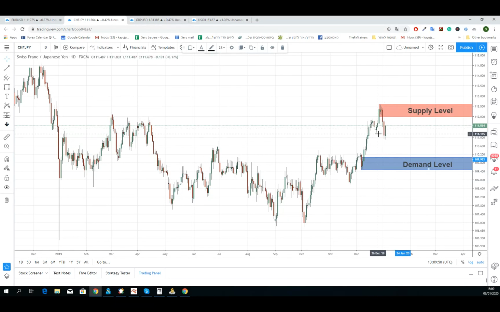The idea behind this pattern is, while the price moves up in an uptrend, it creates higher lows and higher highs. Okay, and as you can see, this is the last low, this is the top, and this is the last top.